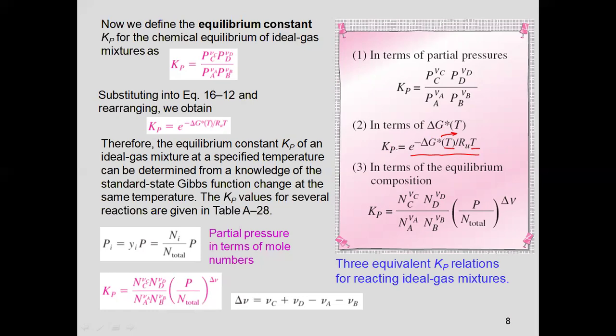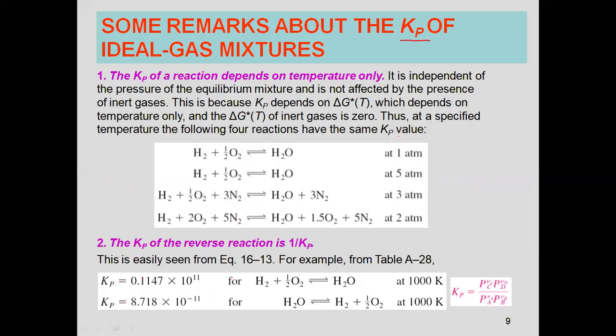So for a particular chemical reaction, the right hand side depends on temperature only. Therefore, Kp is independent of the mixture pressure. We can see from this that Kp of a reaction depends on temperature only.